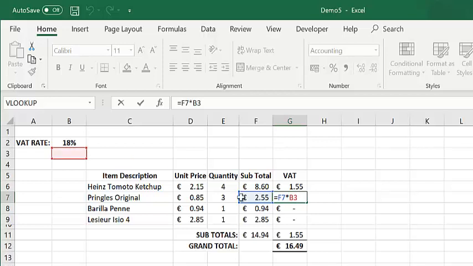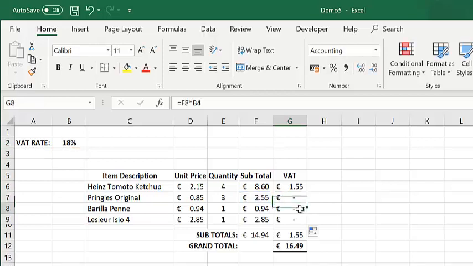Now, while this cell is correct, its reference has been moved one row downwards, and this one is totally wrong, because it doesn't make sense to move the VAT reference downwards, because obviously we have only one VAT rate written there.